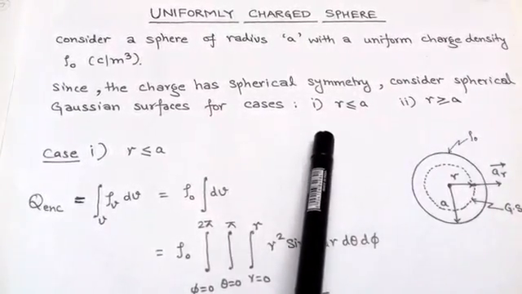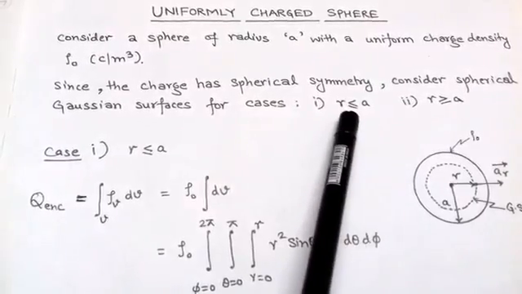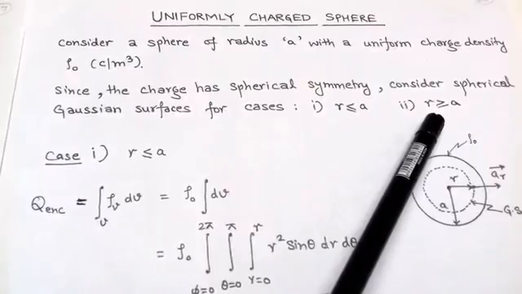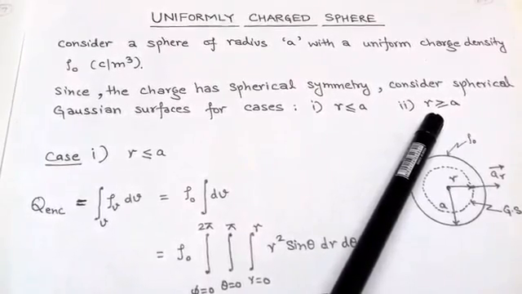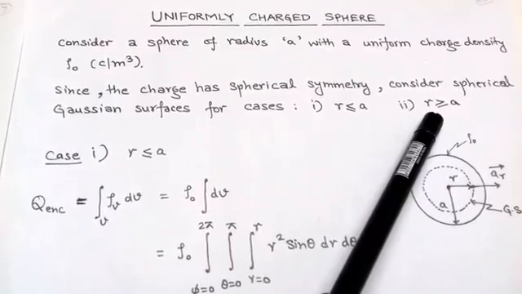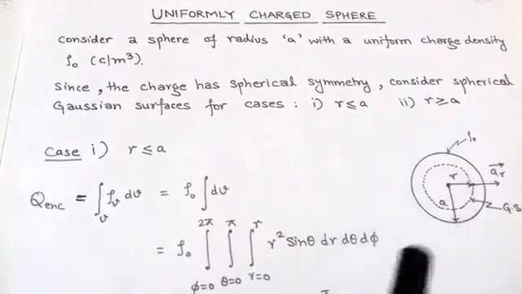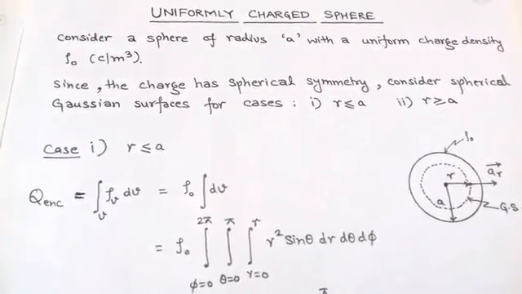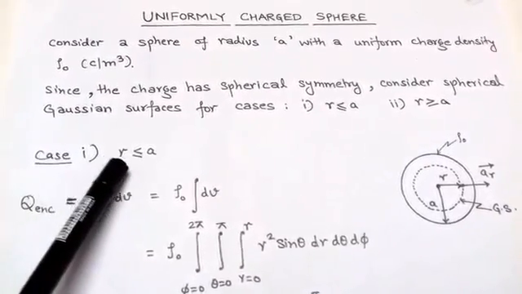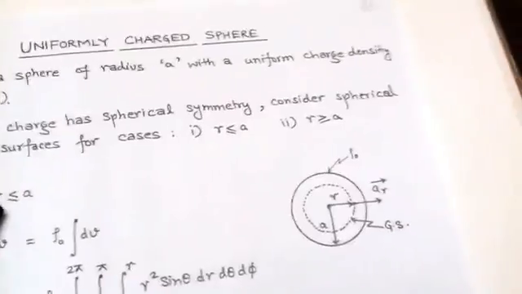That means in the first case we consider a point inside this sphere, and in the second we consider a point outside this uniform charge sphere. So one by one we talk about these two cases. The first case is r less than or equal to a.